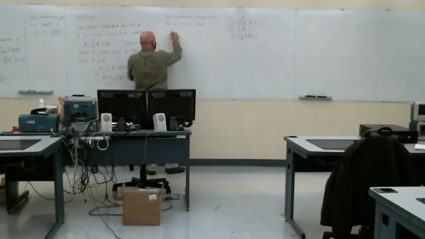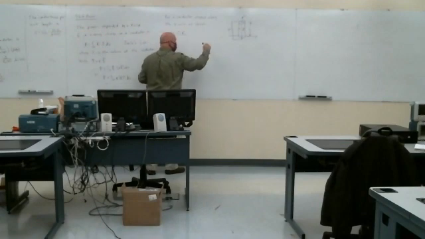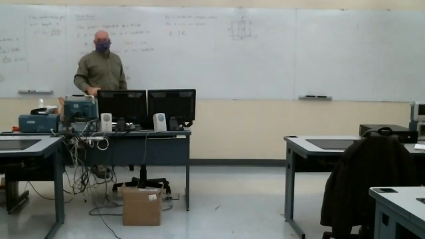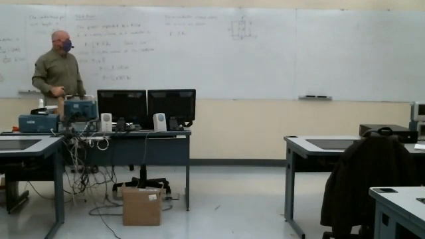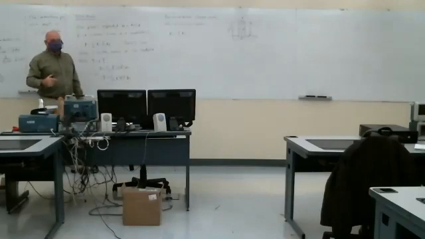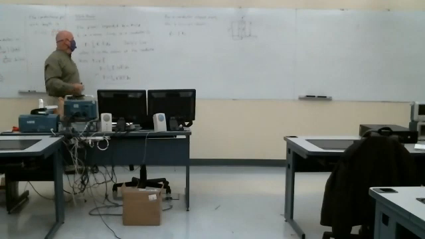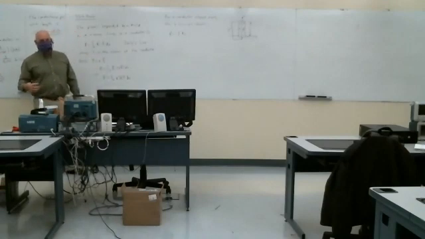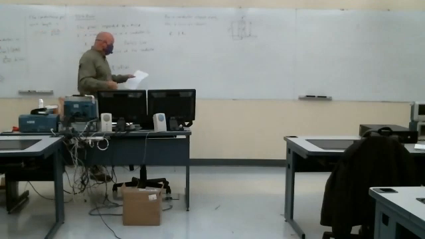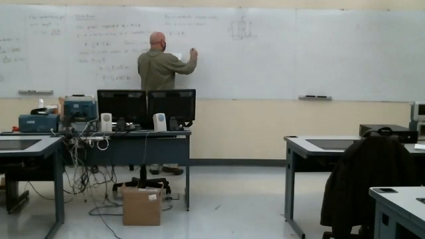Actually, we could start with J, but I'll start with the E field. The E field is going to be pointing in the same direction as J, and J is sigma times E. Instead of assuming J was constant like I did previously, we'll start with the assumption that the E field is constant along the conductor.